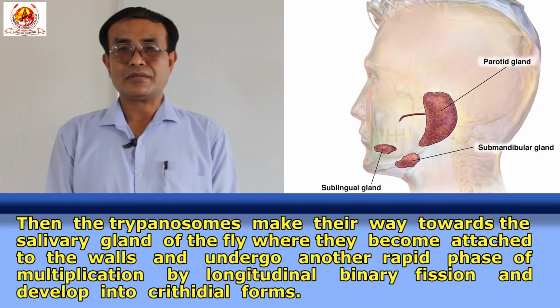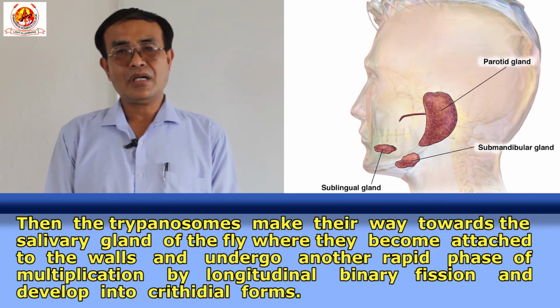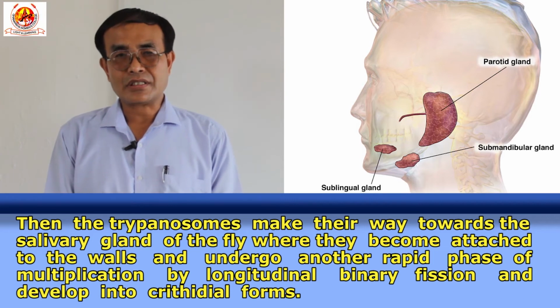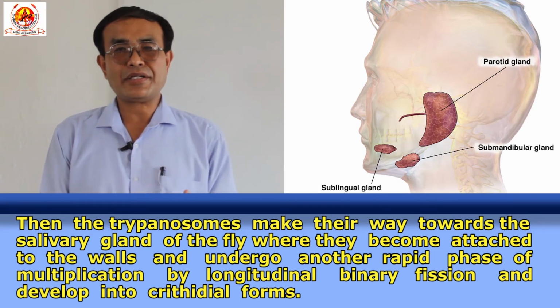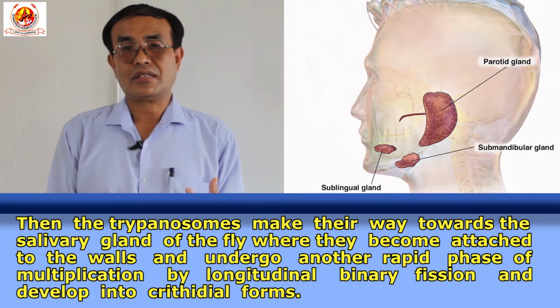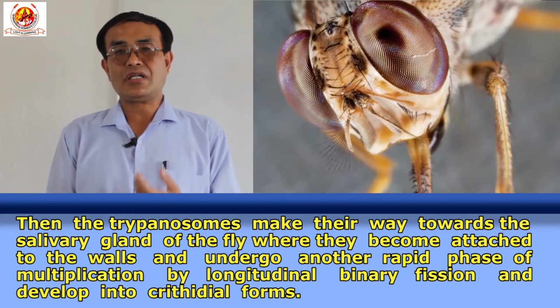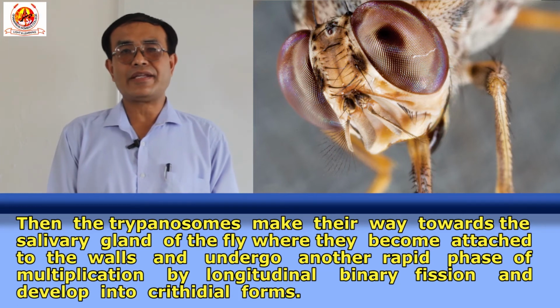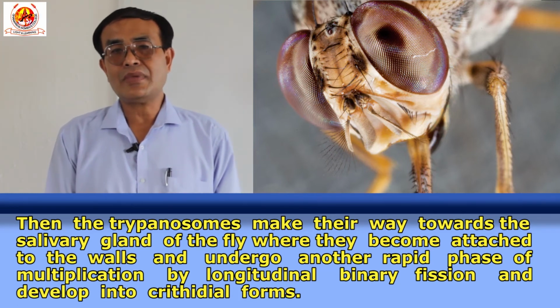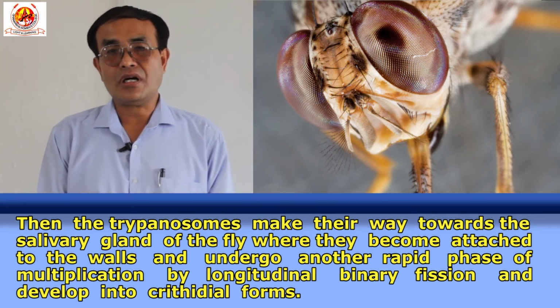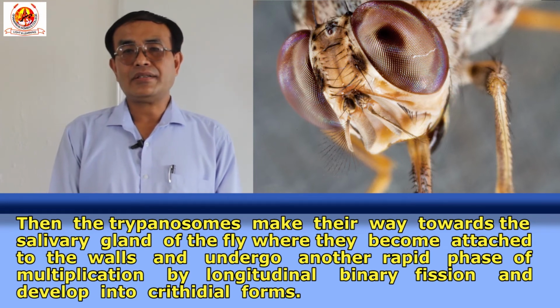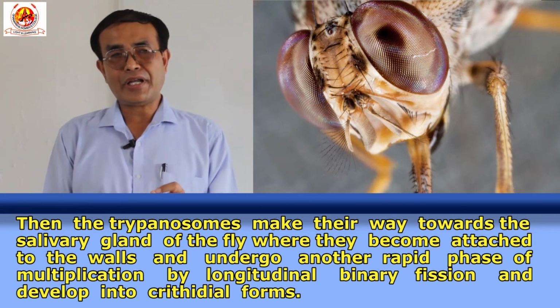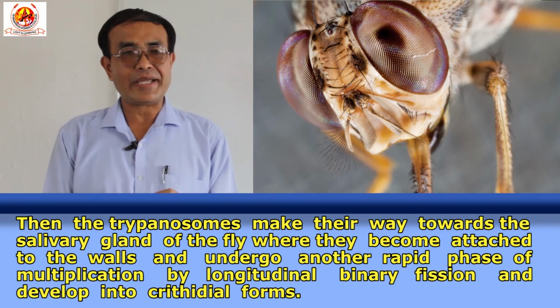At this stage, the parasite increases its number enormously by longitudinal binary fission, and it is transformed into the crithidial forms. The crithidial form is characterized by a shorter flagellum and a very short undulating membrane, and the development of the crithidial form continues for about 2 to 5 days.